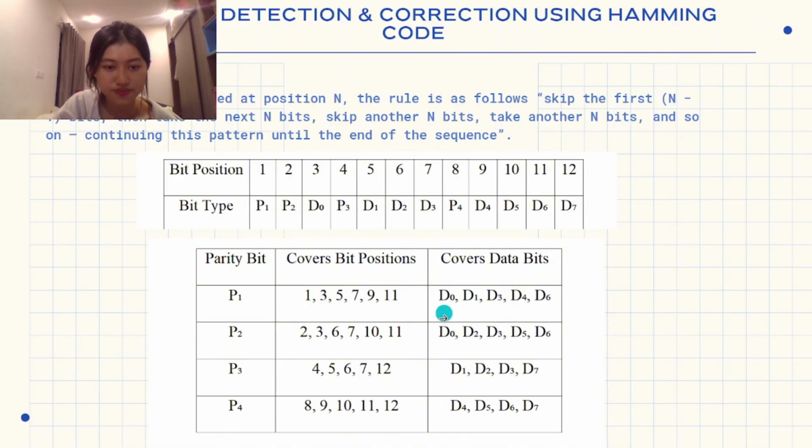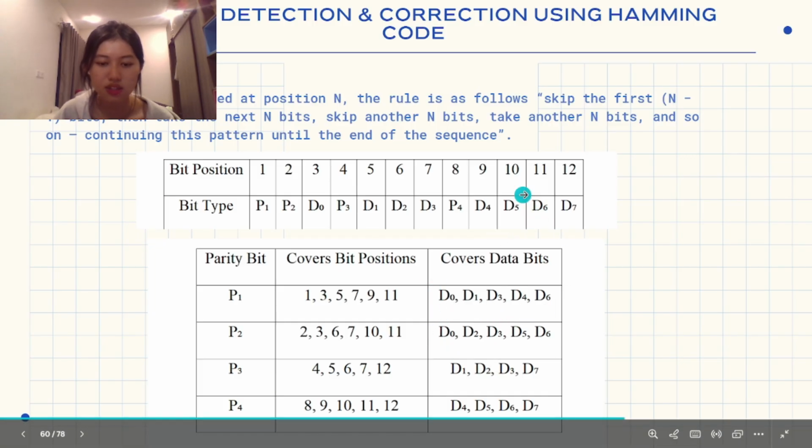In this example, n will be 1, so 1 minus 1 is 0, and we do not skip any bit. We start with bit 1, skip bit 2 and take bit 3, skip bit 4 and take bit 5, and do the same until the end of the sequence. And we do the same with parity bit 2. The covered data bits will be D0, D1, D3, D4, and D6.